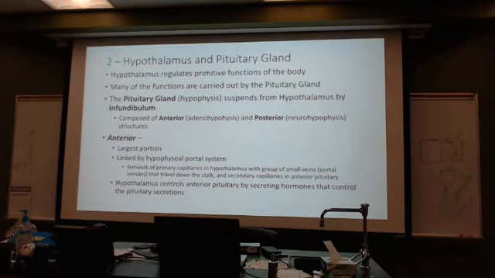The hypothalamus receives information from these homeostasis systems and uses that information to change what chemicals it secretes in the endocrine system.